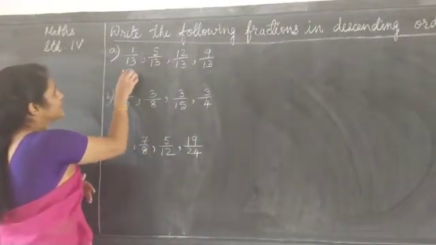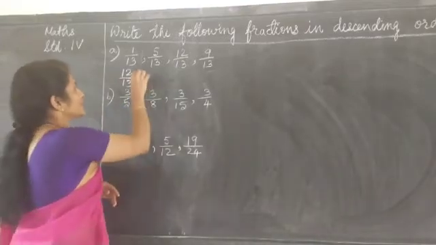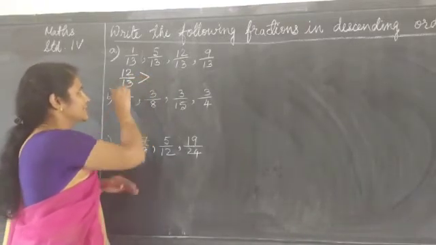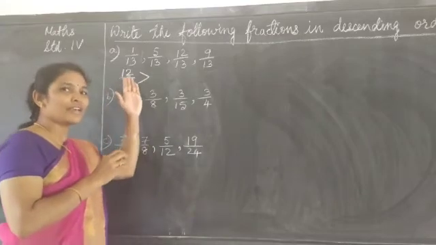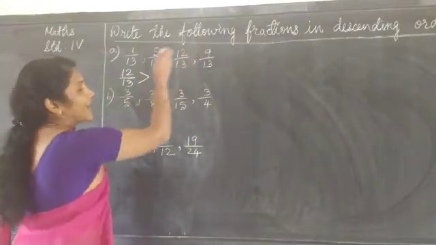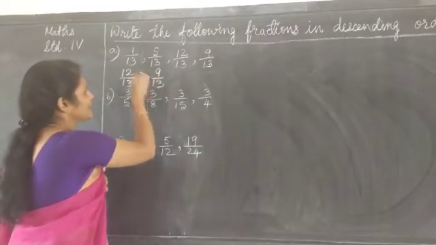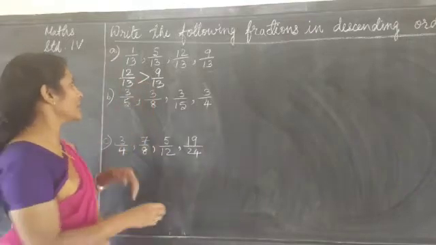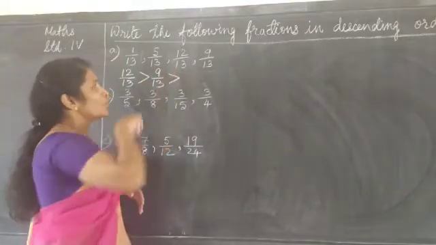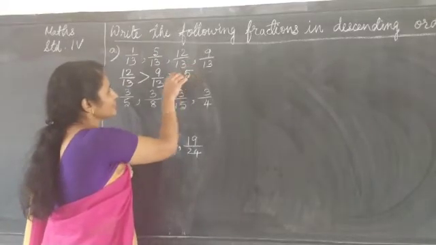We can write here 12 by 13. Then we can put the sign also here. The greatest, 12 by 13, is greater than which one? Next is 9 by 13. Greater than 9 by 13. And that number is greater than which one? 5 by 13.